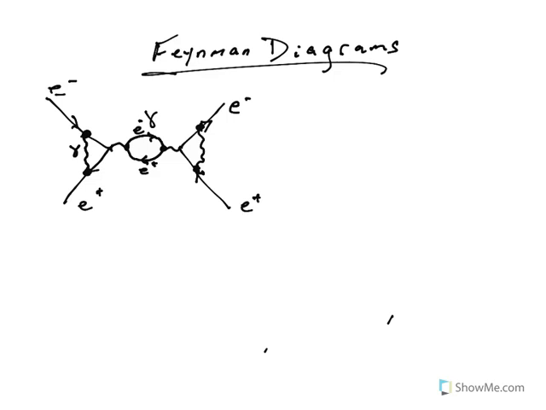Each one is possible, and this is the thing about particle physics: if the interaction is possible, then it's included in the calculation for how likely a particular interaction is to occur.